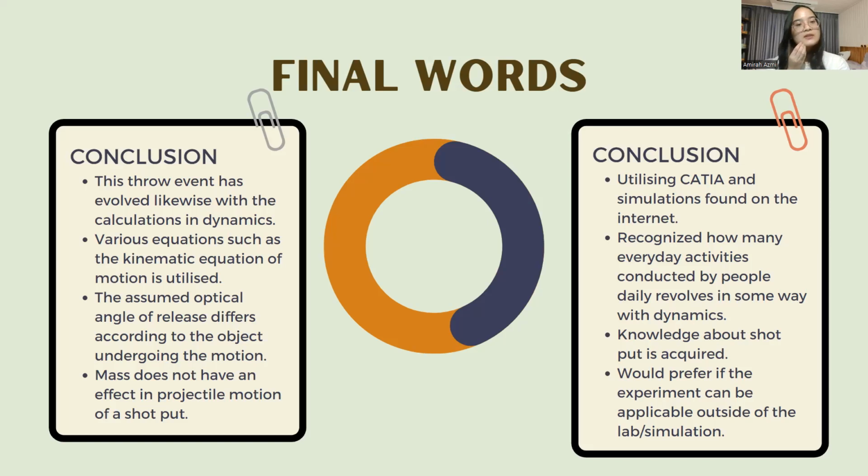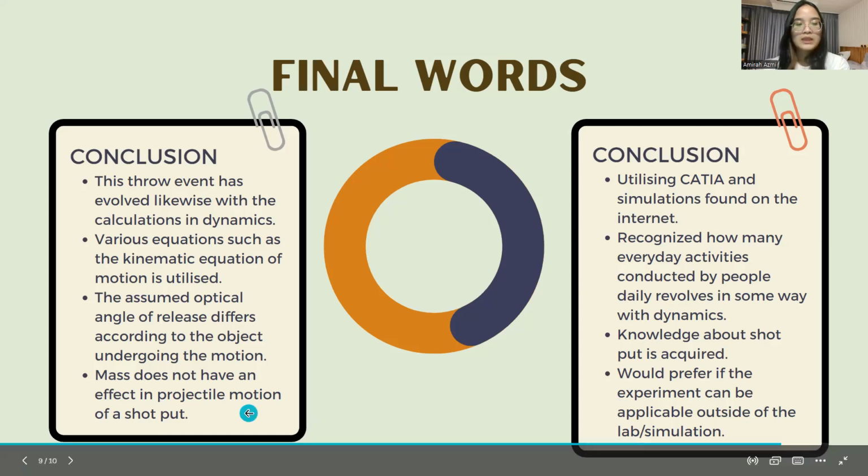The assumed optimal angle of release actually differs according to the object undergoing the motion. So what is assumed to be the ideal angle of release is not always the same for every object. Also, the mass does not have an effect in projectile motion, and this is seen because in the equation, there is no mass involved.